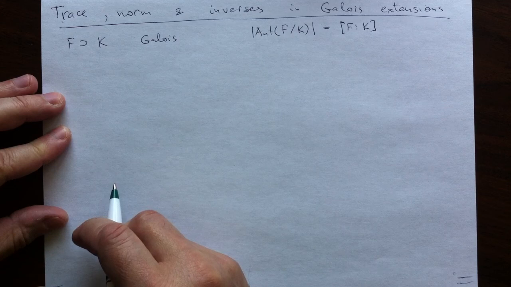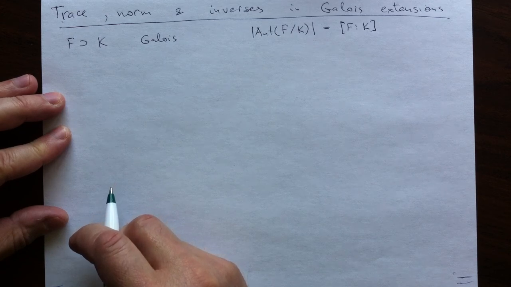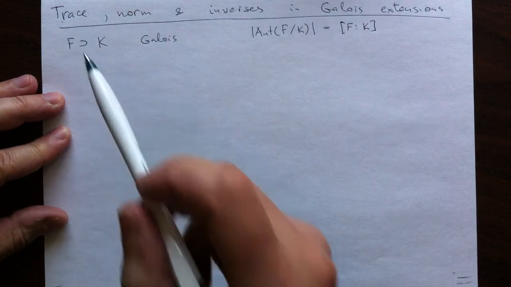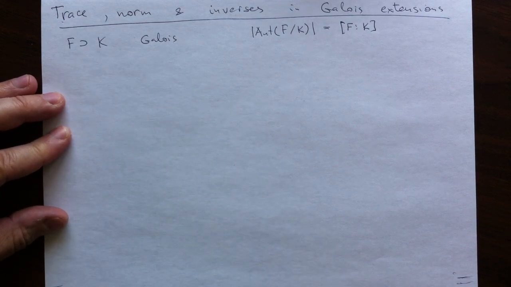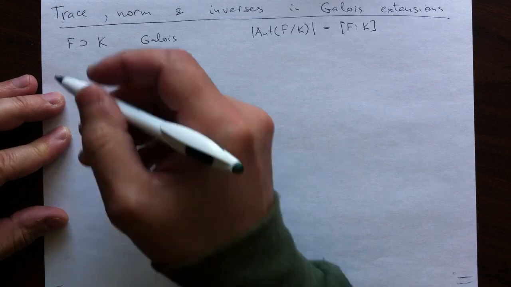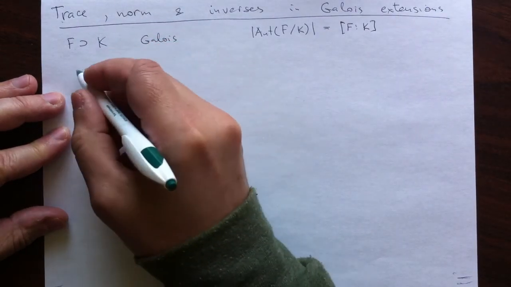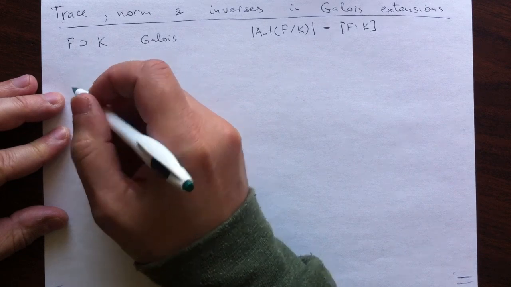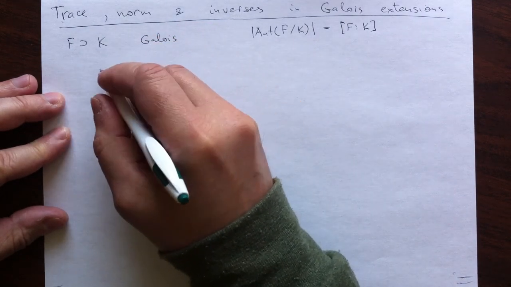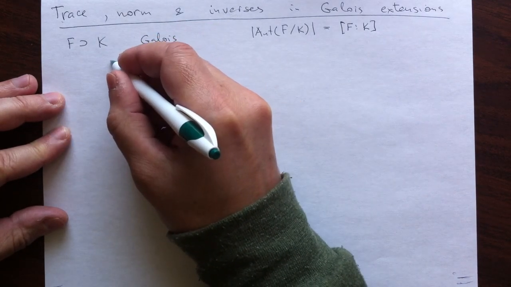So we will use this condition, this amount of symmetries, to construct certain quantities called trace and norm, and to use one of them to effectively invert any number. That's the plan. The first statement, the first construction, is about the subfield of invariance.